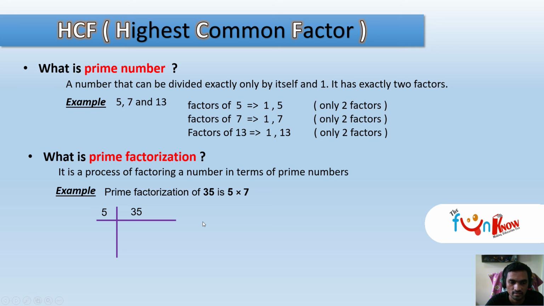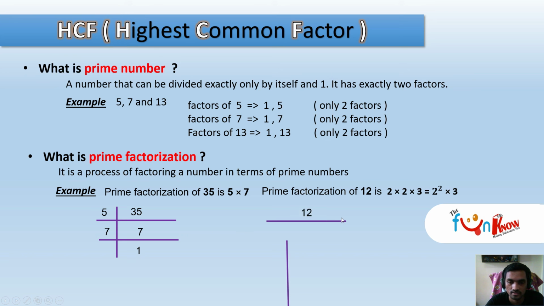If you divide it by 5, you get 7. Now you cannot divide 7 further because there are only two factors of 7, which are 1 and 7. So you divide 7 by 7 and you get 1. So 5 multiplied by 7 is 35, and the prime factorization of 35 is 5 multiplied by 7.